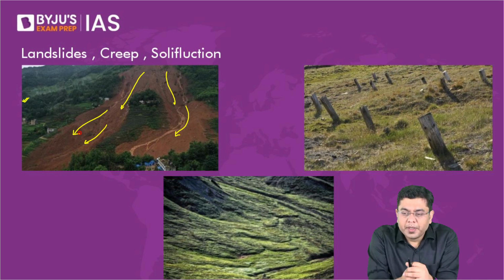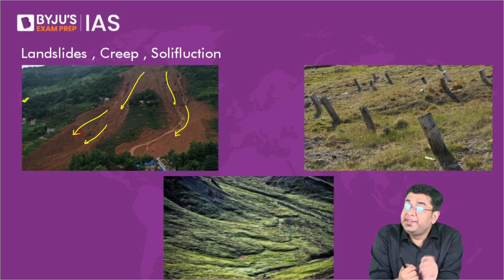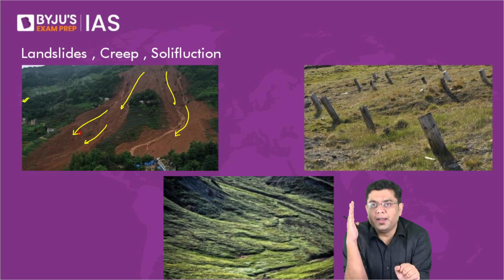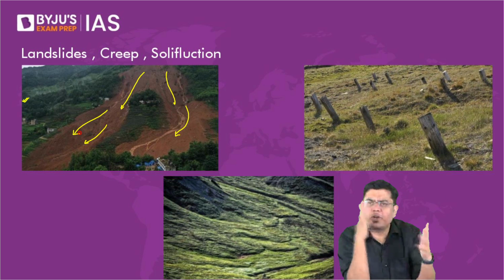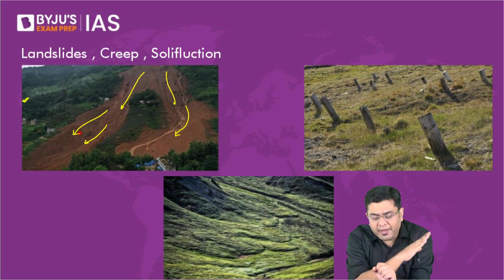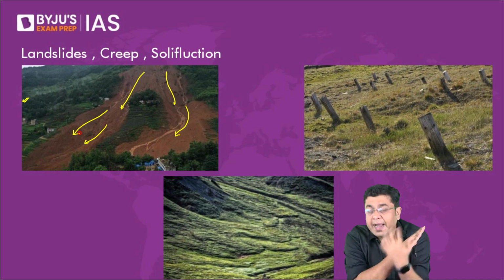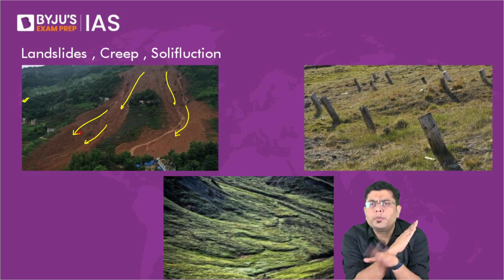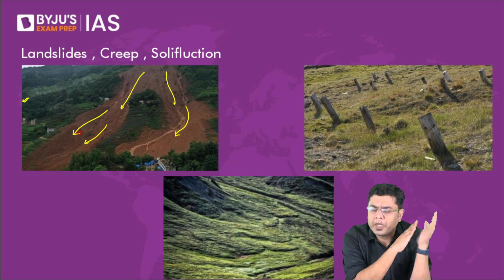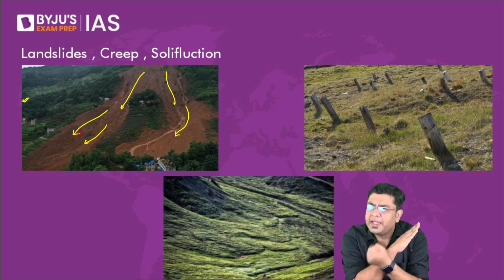Very good. So when you have the slope which is slightly steeper, see, if the slope is almost vertical, there is no need for this slide, automatically it will start falling, so that is what is categorized as a fall. But when the slope has a significant amount of gradient, it is steeper and a lot of water is present, and there are loose materials available, materials will automatically start sliding down the slope because the gravitational force is active.